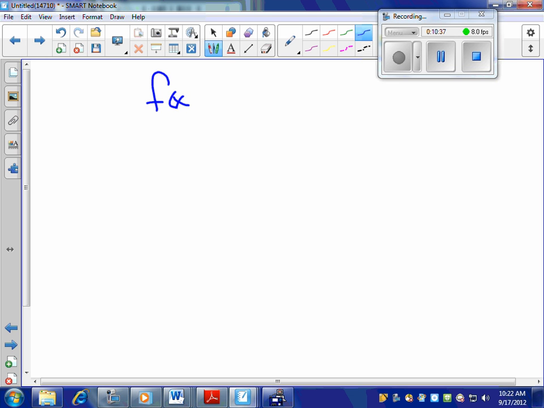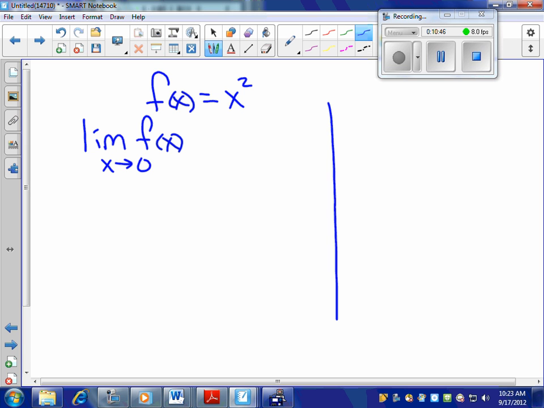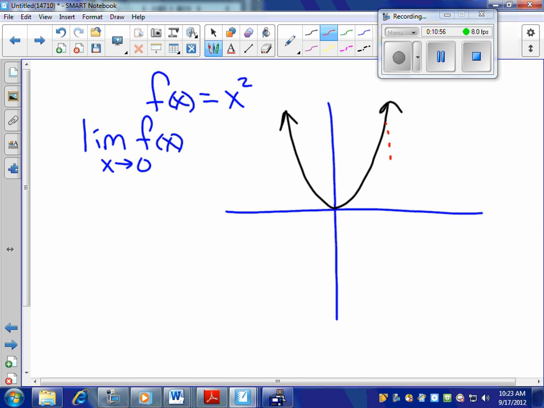If we have the function f of x is equal to x squared, and we want to know the limit of f of x as x approaches 0. What does that graph look like? It's a parabola, and it's centered at 0, 0. So the question is, if I have an x value here, an x value over here, the x values over here are negative, the x values over here are positive.